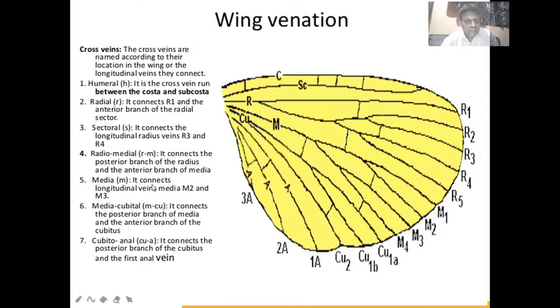Medial: it connects the longitudinal media veins M2 and M3. Media cubital: the posterior branch of media connects with the anterior branch of cubitus, then it is called media cubital veins. Cubito-anal veins: when the posterior branch of cubitus connects with the first anal vein, then it is called cubito-anal veins.